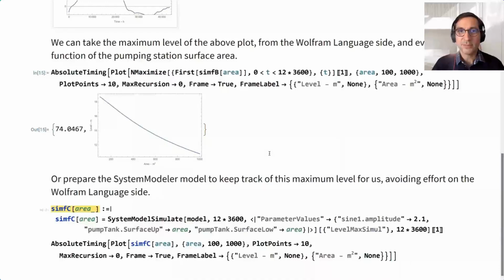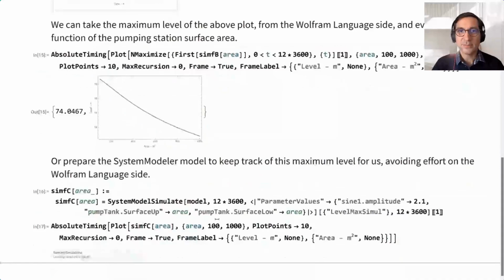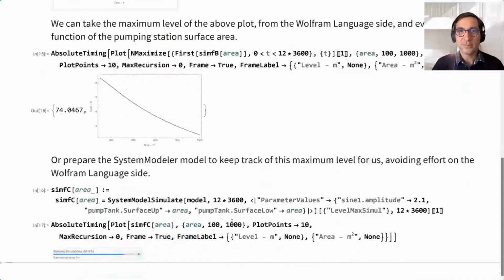We can do almost the same thing in another way. We can also, in the model, in SystemModeler, add a variable that will be the maximum level of the simulation. And it's very simple to add this variable. And that's what we will do now.